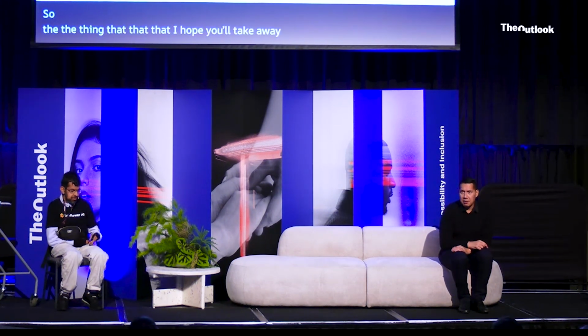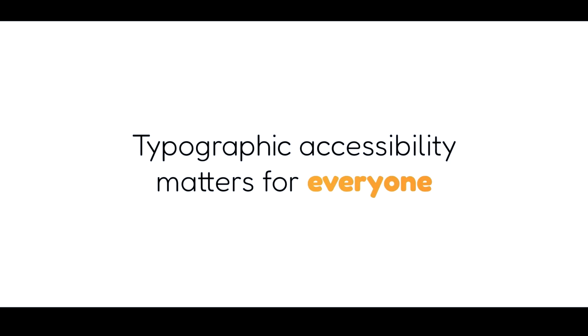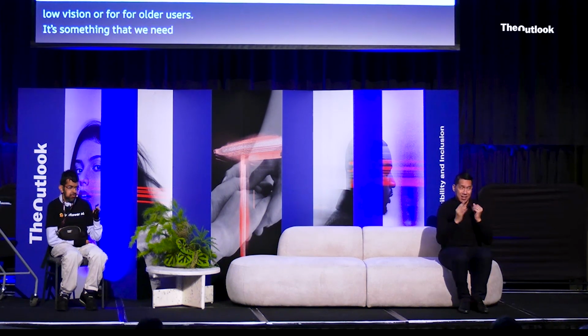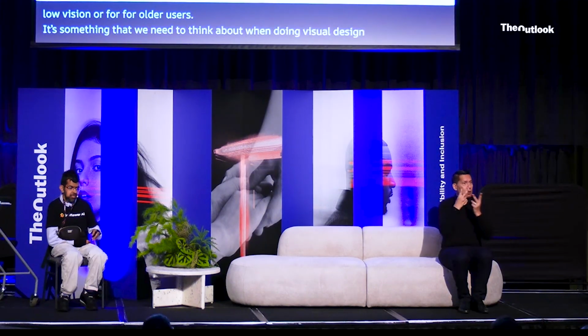So the thing that I hope you'll take away from this demonstration is that typographic accessibility matters for everyone. It's not just for people with low vision or for older users. It's something that we need to think about when doing visual design for all audiences.